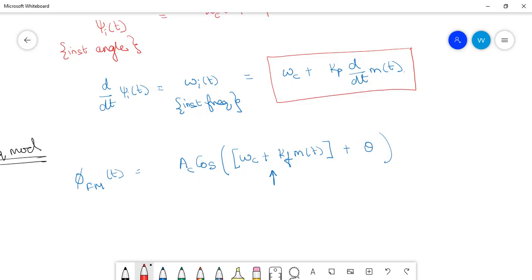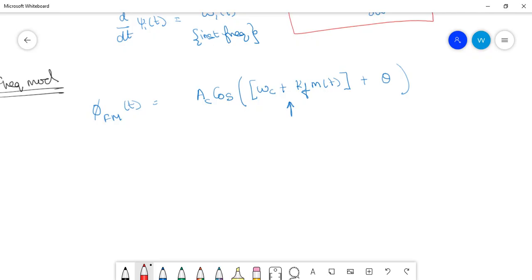Just like, say, if I were to take my signal m(t) and integrate that m(t), let me call this signal g(t), and let me do the phase modulation of this signal.